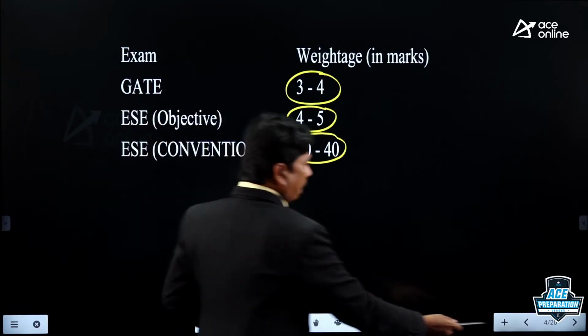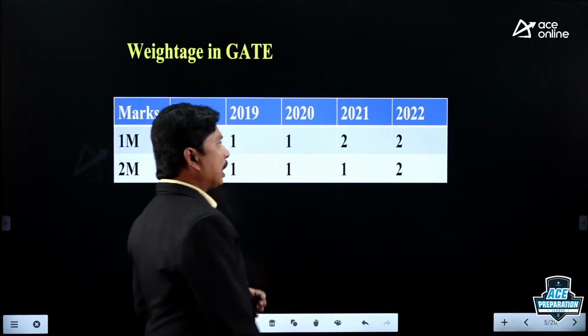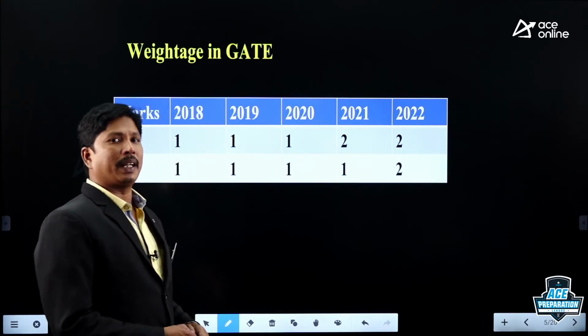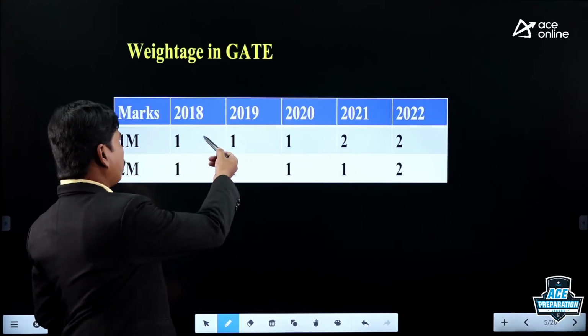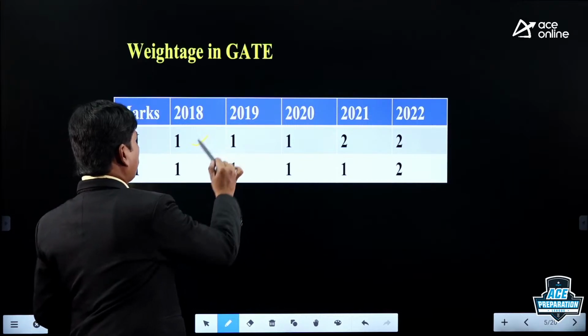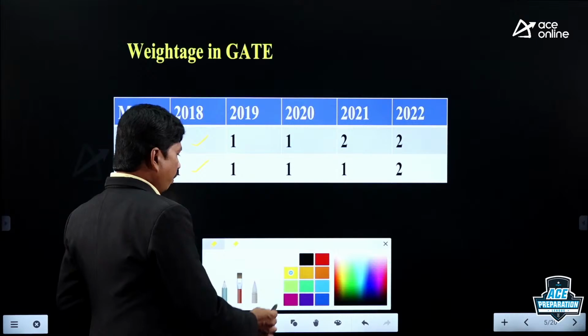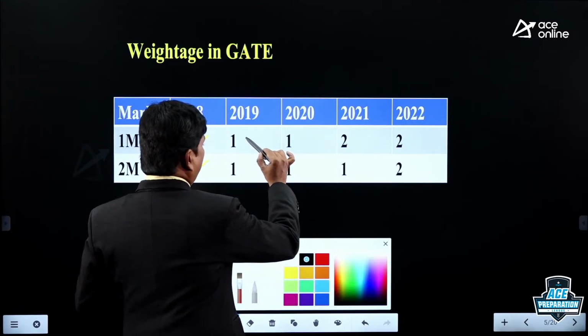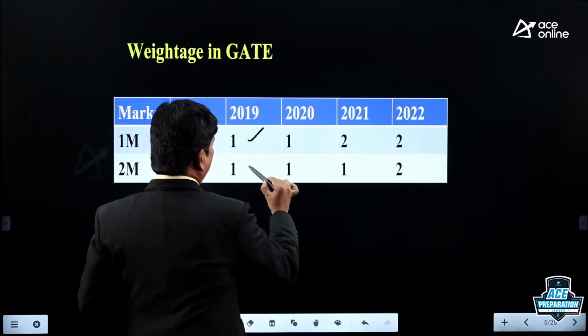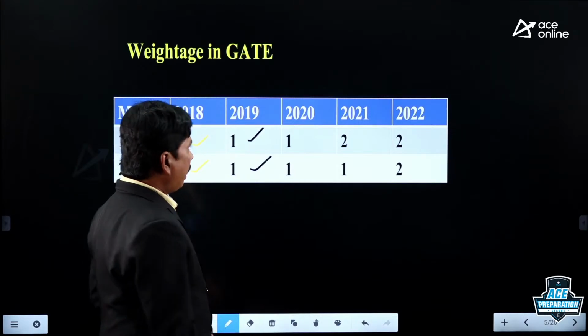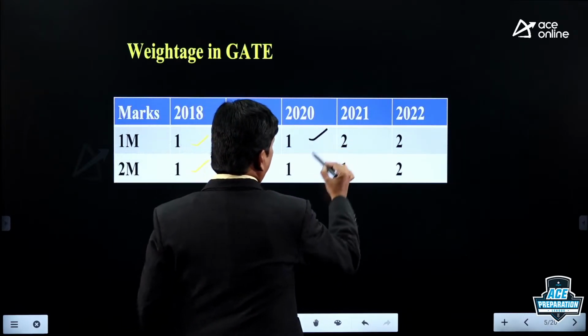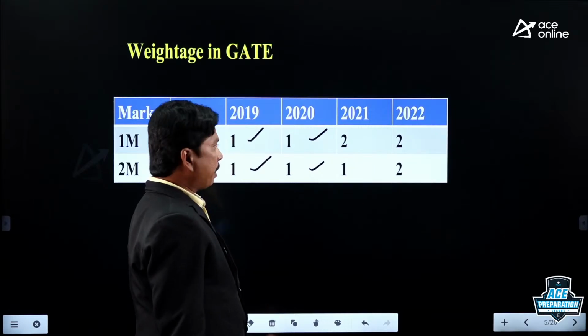Clear students? Now coming to the question, how many questions do we get every year? In 2018 we got one 1 mark question and one 2 mark question. In 2019 we got two 1 mark questions and one 2 mark question. In 2020 also we got one 1 mark and one 2 mark, approximately 3 marks.